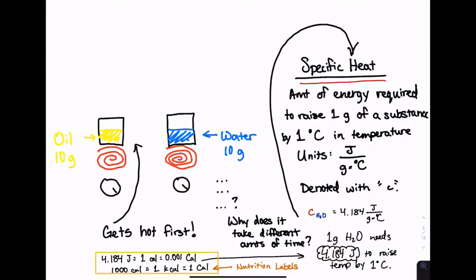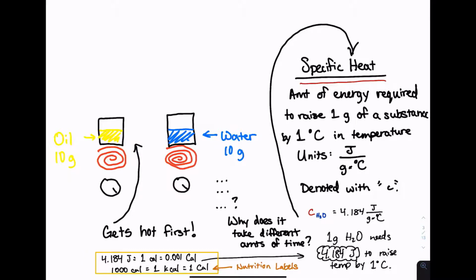So if you consume something and you just consumed a 1 calorie bite of something, then you actually consumed 1,000 lowercase calories, or in other words, you consumed 4,184 joules in that small bite.